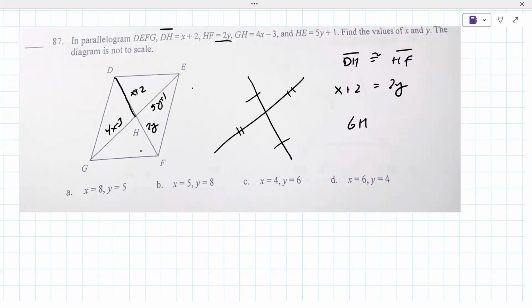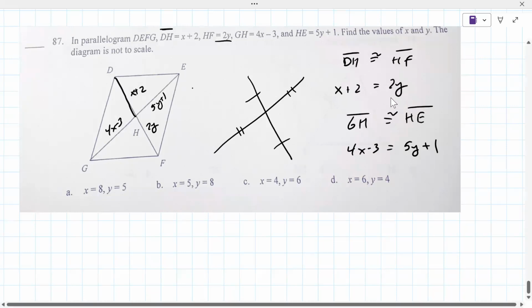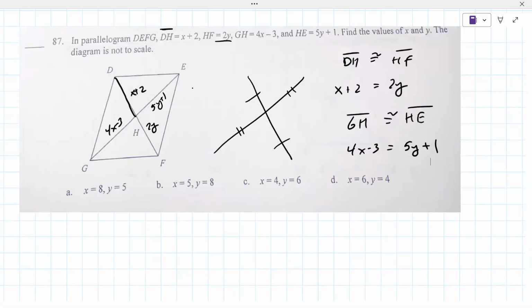And then GH is congruent to HE. 4X minus 3 equals 5Y plus 1. Now you could solve a system of equations here. That is absolutely possible. However, you could also just try the answers, but they have to work in both. If it were me as a student, I would try the answers, but they've got to work in both. So go ahead and give those a try and see what you come up with.